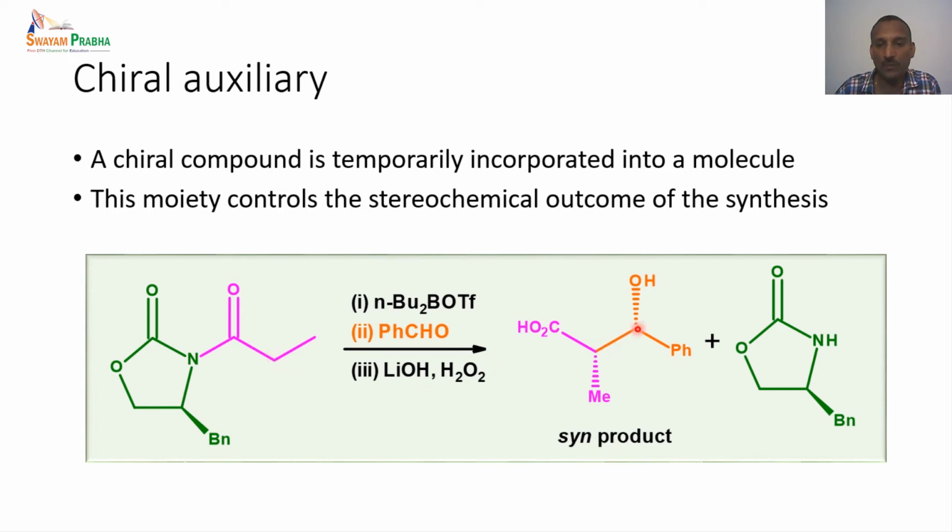This is the place where the benzaldehyde unit is attached. After the reaction is over, this amide unit is broken down by lithium hydroxide, that is a mild basic hydrolysis, which leads to the removal of this particular group, and then we end up with the syn product. So this is how chiral auxiliaries are employed in organic synthesis.